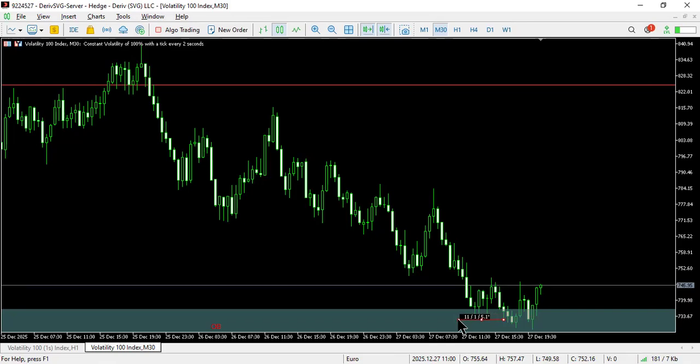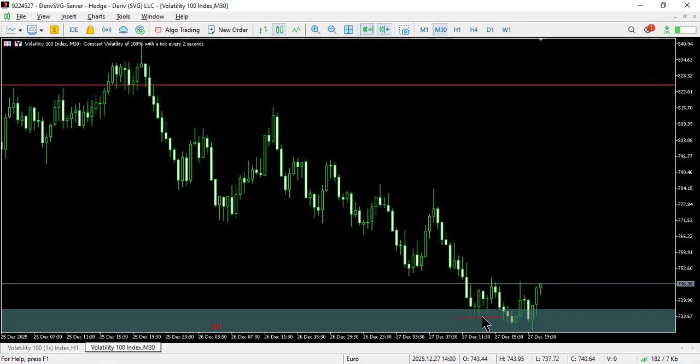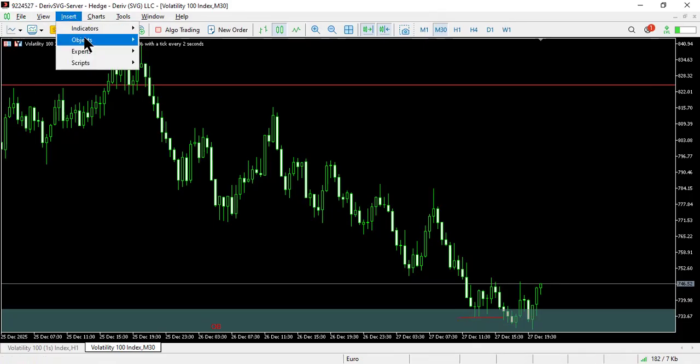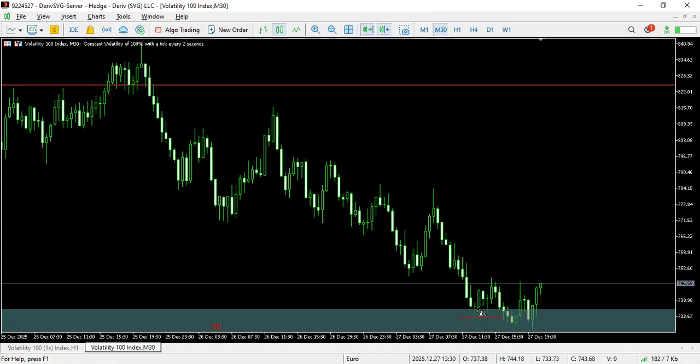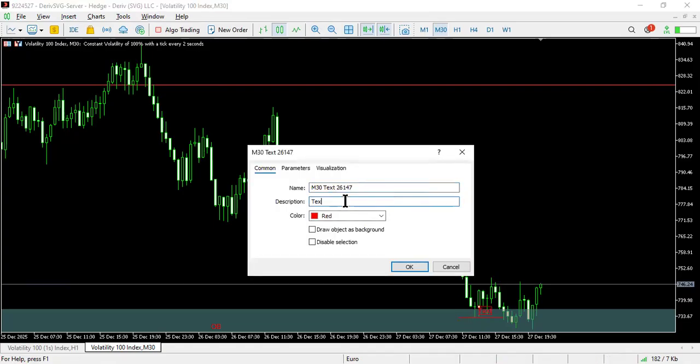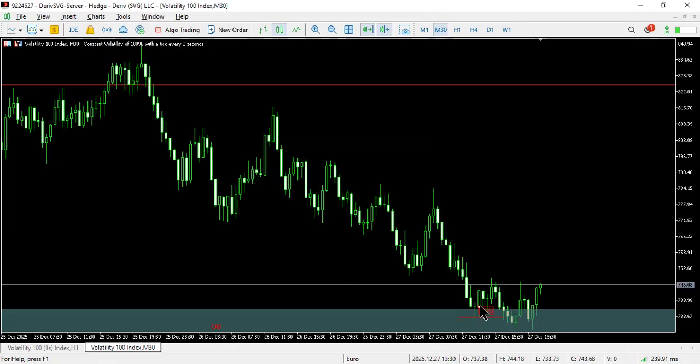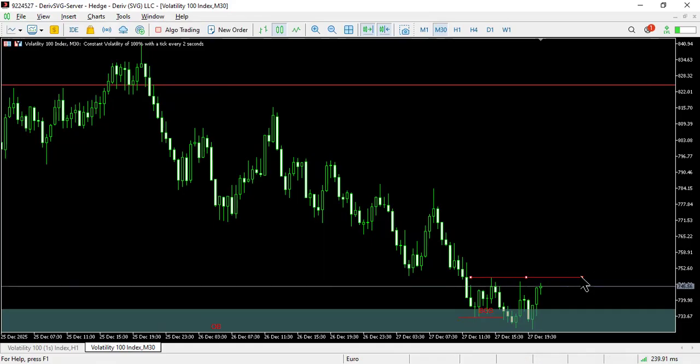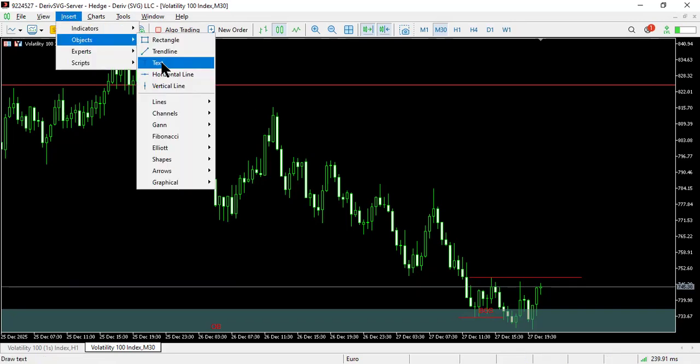But at this order block, we have the last break of structure to the downside. And then should price clear this lower high, then I will know it's a change of character and price is ready to move up from this order block.